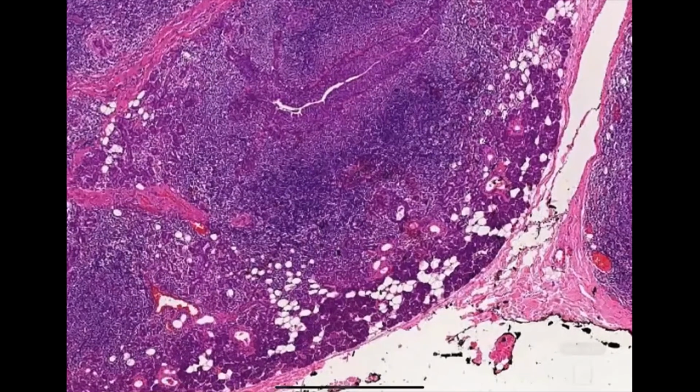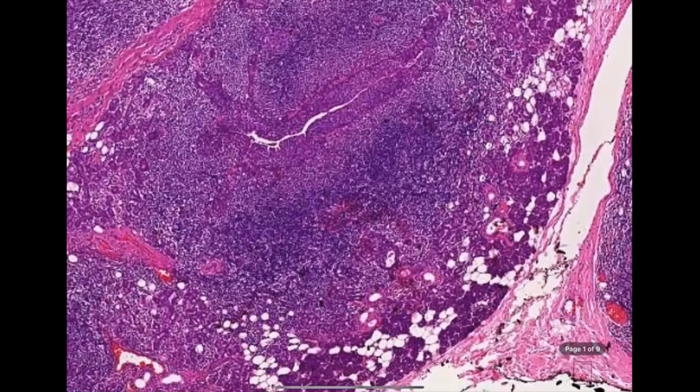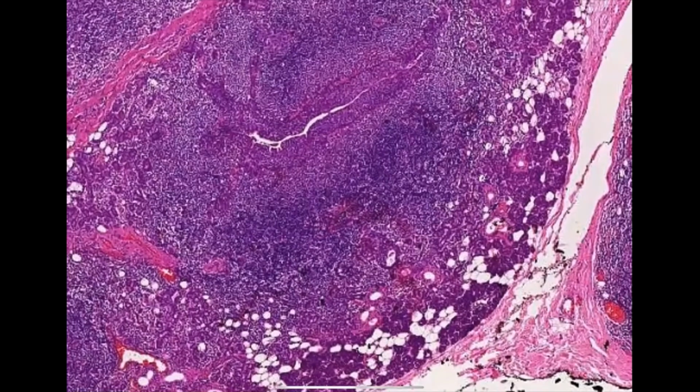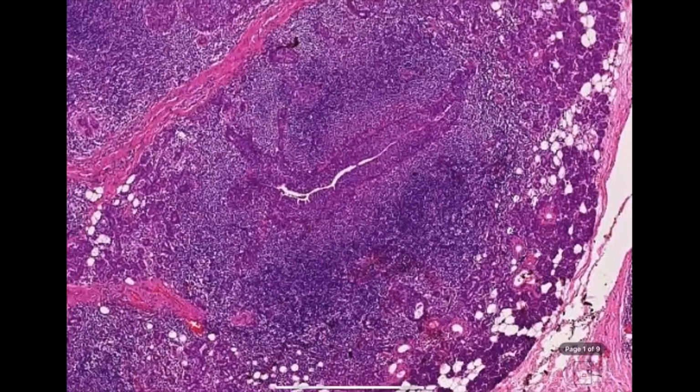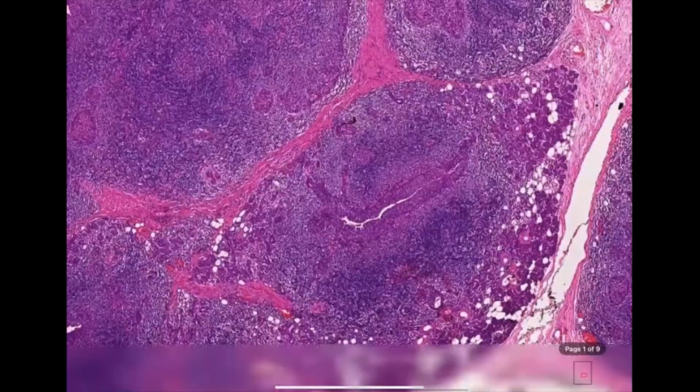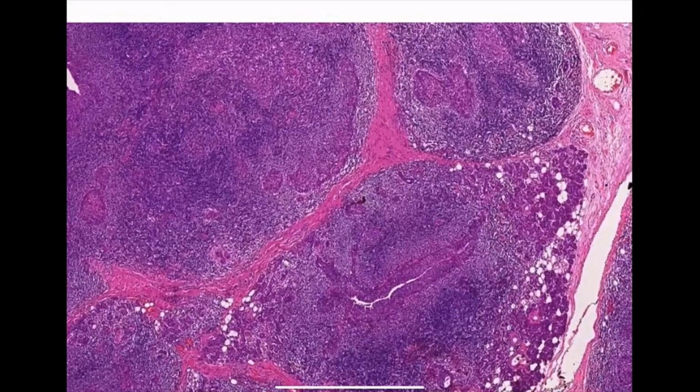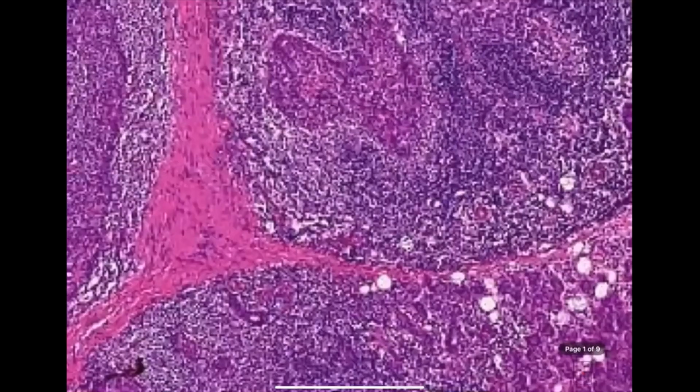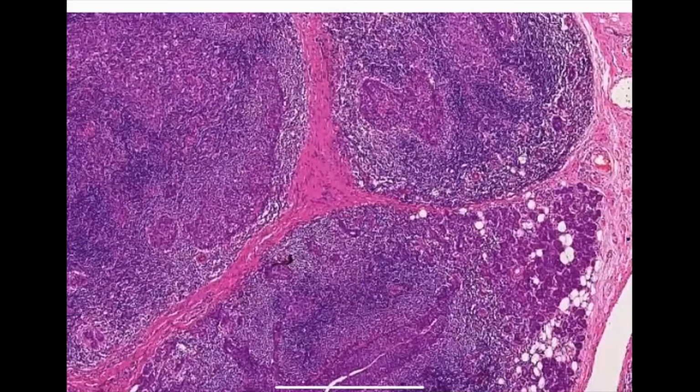But what you're seeing here is acini and ducts. So you have full-blown salivary gland tissue admixed with lymphoid tissue, right? Out of the tumors that might have an epithelial and lymphoid component, if you think of a tumor, okay, this is one part of the spectrum.